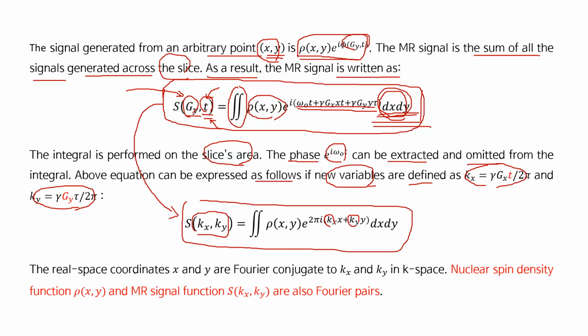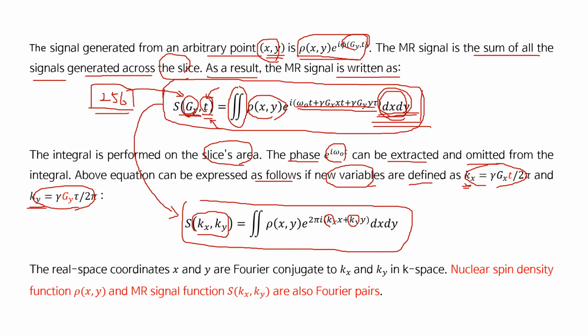And we have to repeat the phase encoding process 256 times for the 256 image resolution. So this variable Gy and t can be changed to kx and ky.